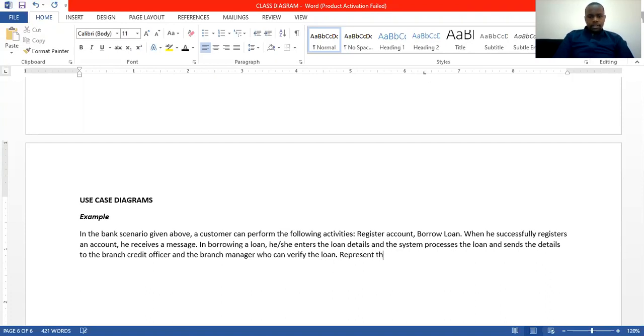Present the system using a use case diagram.